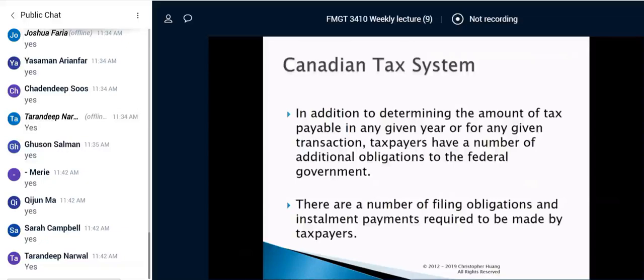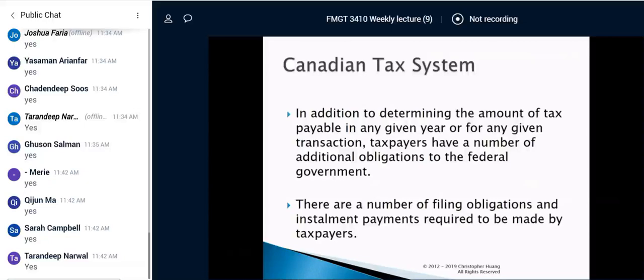And because there are different taxpayers and different requirements, typically there are a number of different returns that are required to be filed. Okay. On top of that, you have not just income tax to worry about, but you have GST and PST, right? So you have different types of taxes that you have to worry about, and each tax needs its own return to ensure that you are paying your fair share of tax from the government point of view.